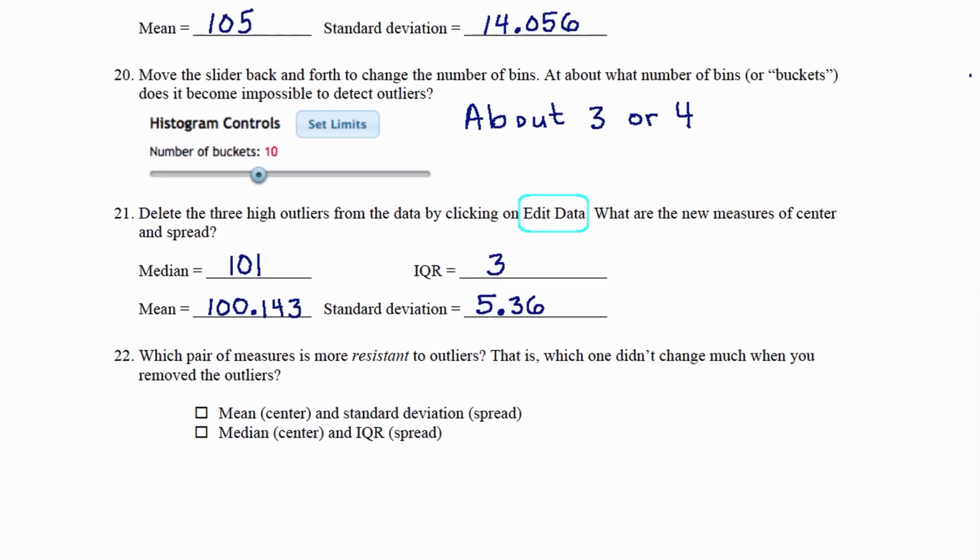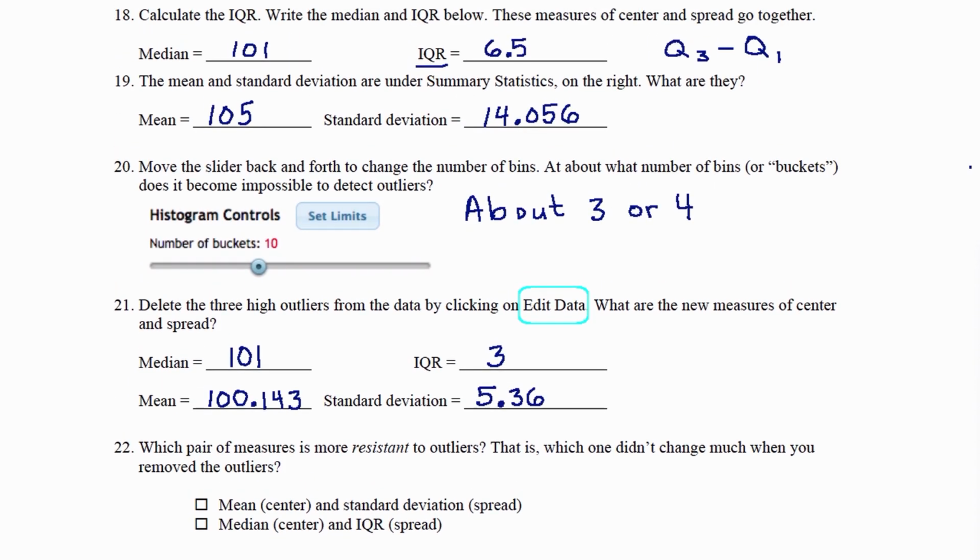So let's look back at what this summary information looked like before we took out the outliers. I had a median of 101, and that looks like it's completely unchanged. My IQR was really affected by that because we did take out, there's not a lot of data values in this data set. So the IQR did change a fair amount. Sometimes it won't be very strongly affected by outliers if you happen to have a bigger data set.